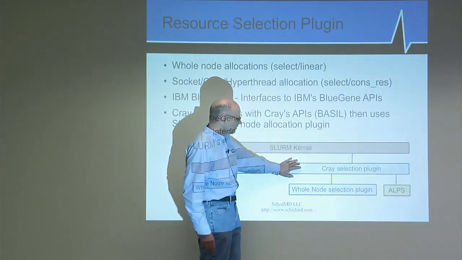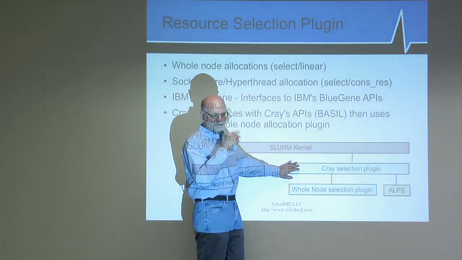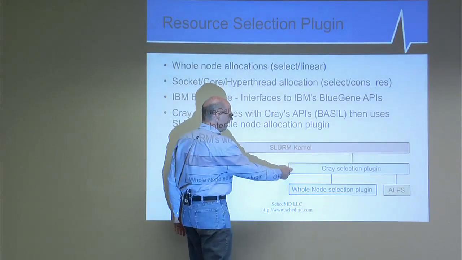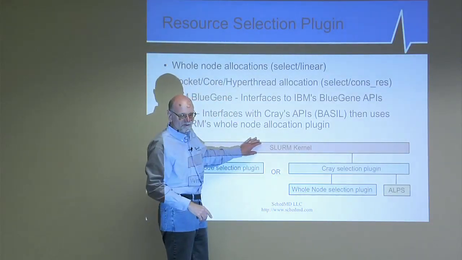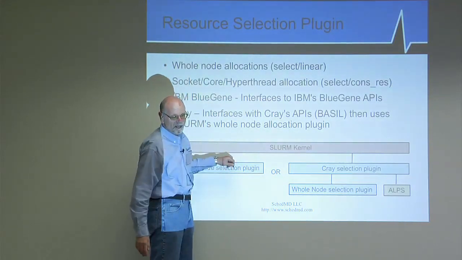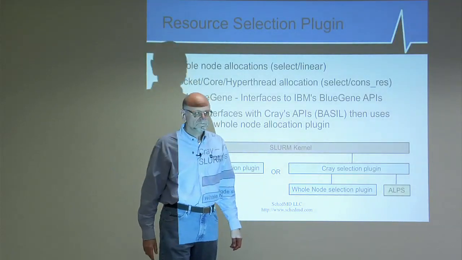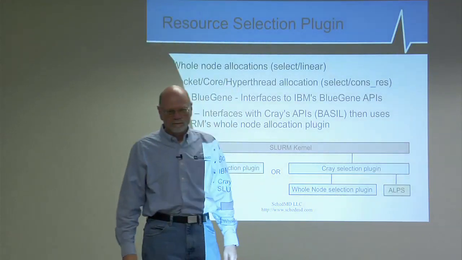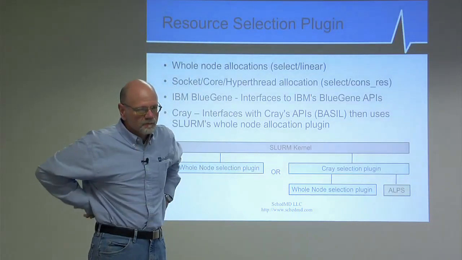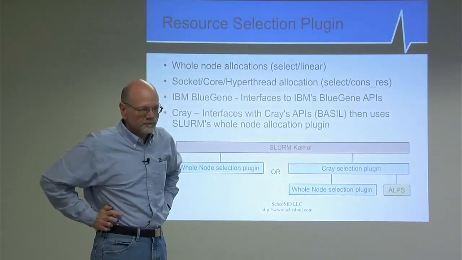If the Cray selection plugin needs to reference another plugin, say a node topology, but doesn't know which one is configured, it would call the function in the Slurm kernel that would already have linked up the appropriate underlying plugin. So the Cray selection plugin specifically says load the whole node plugin, and those function pointers are now instanced in a way that it can go ahead and call them. But it's not doing an abstract kind of call.